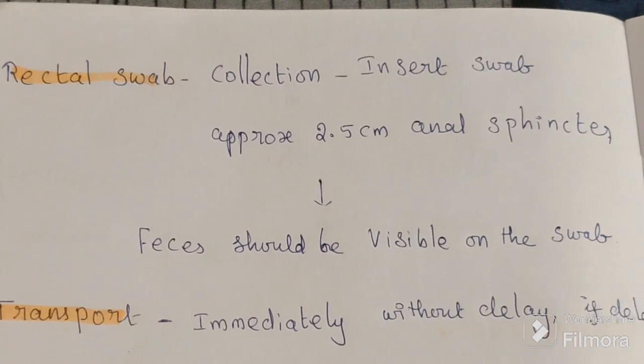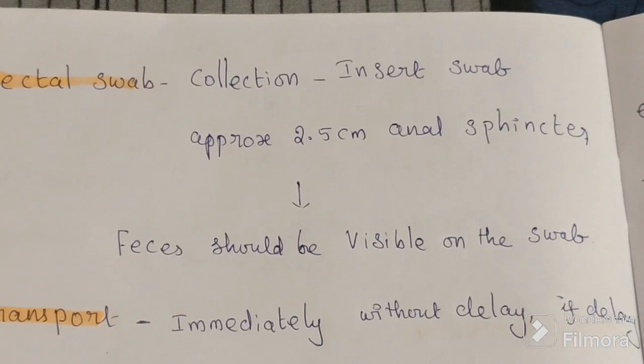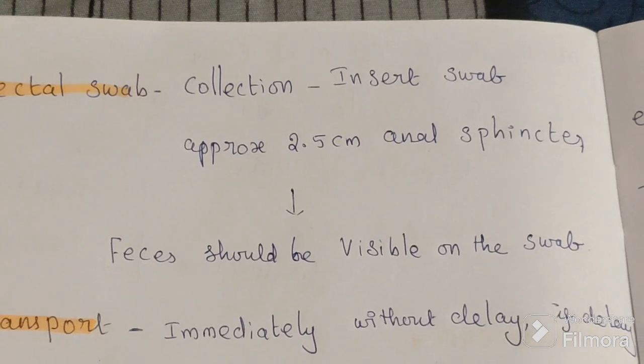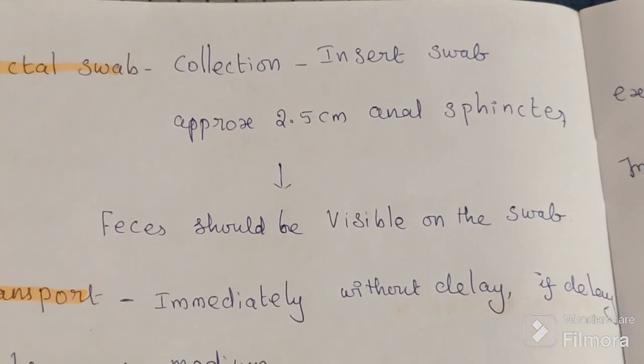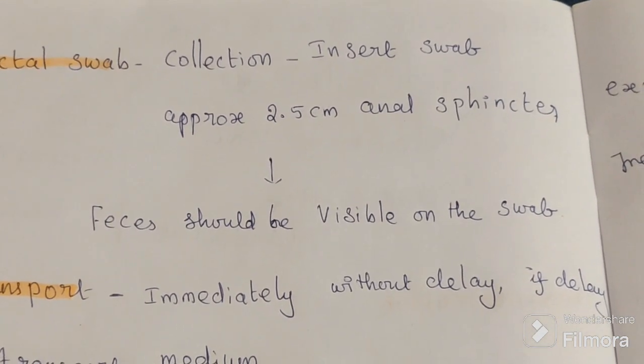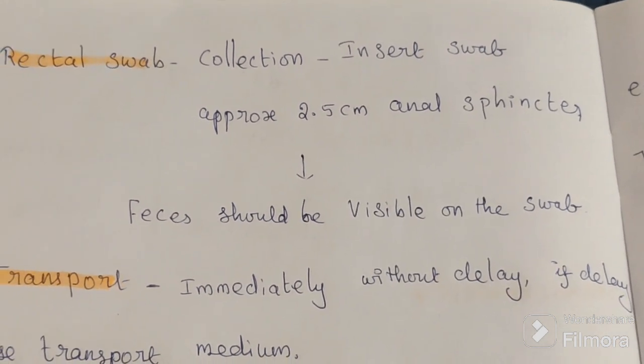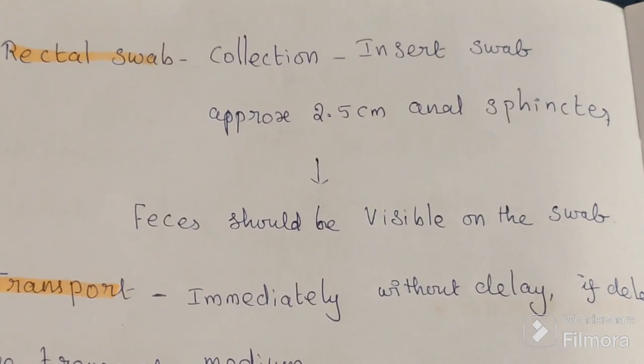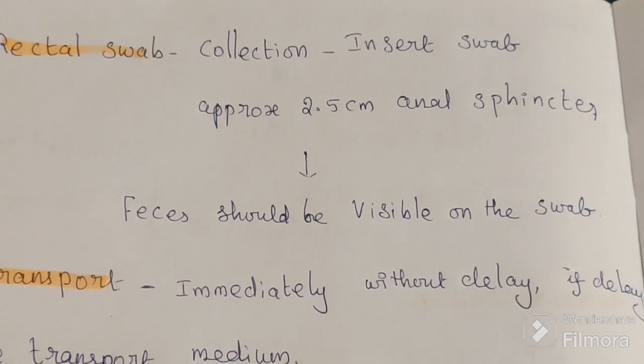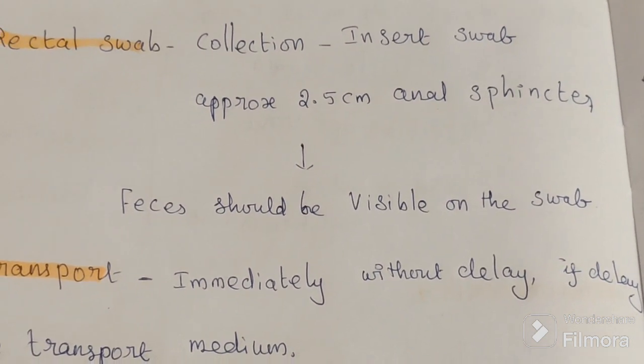In the case of a rectal swab, for sample collection insert the swab approximately 2.5 centimeters past the anal sphincter.